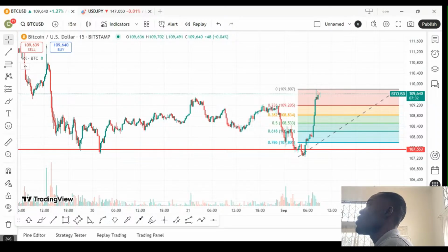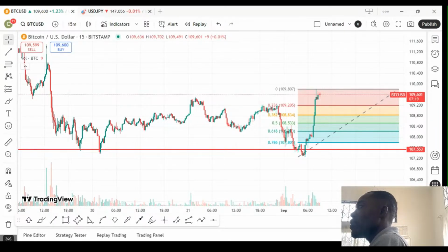First of all, if you've missed an entry, meaning that the market was previously at a resistance area or at a support area, and when you came, the market has moved strongly away from that. That is, you've missed your entry. If you've missed your entry, how are you going to enter? How are you going to take advantage of that trend?